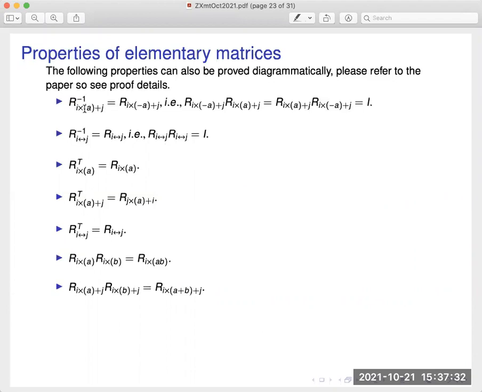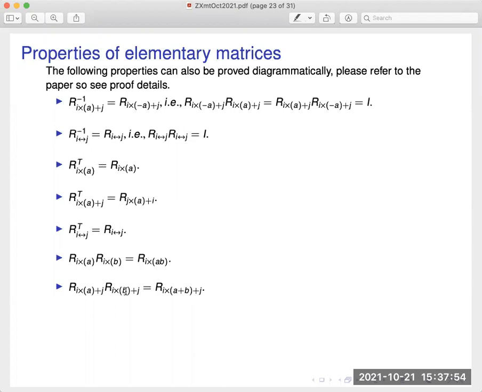So this is the row addition, the inverse of the row addition, and the inverse of the row switching, and this is the transpose. If you first multiply by b and then by a, that means you multiply by ab, right?